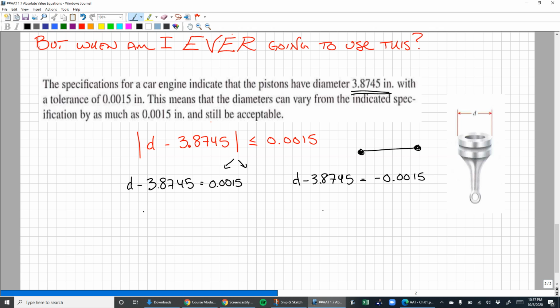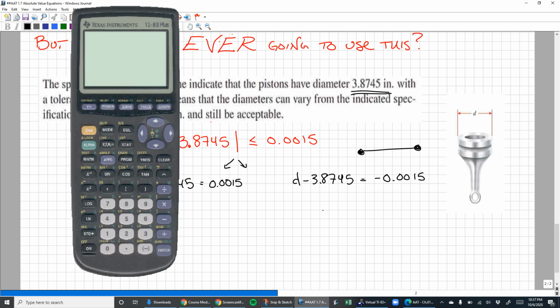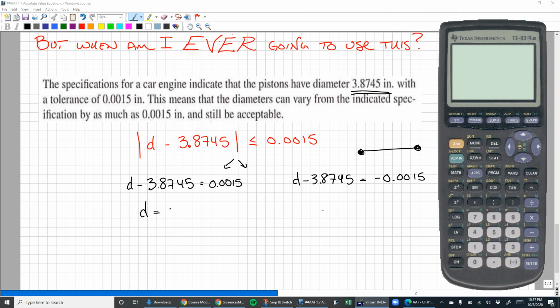So when we add this to both sides, we get d is equal to, I'm going to make sure I get this right and use a calculator here, even though I don't think I need to. That would be 3.8760.